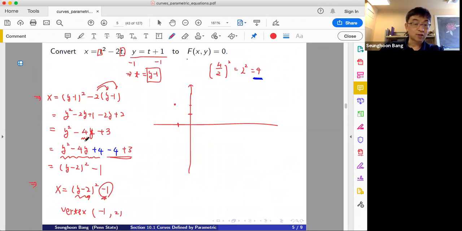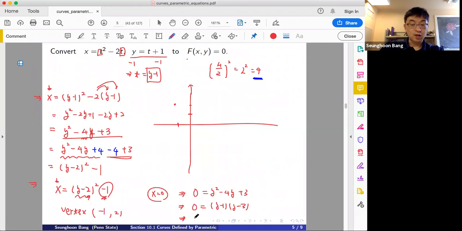Next, I want to find the y-intercept. How can you find the y-intercept? You substitute x equals 0 into here. So we have 0 equals, I don't want to use this standard form, so use the general form: y squared minus 4y plus 3. To find the y-intercept, (y minus 1) times (y minus 3) equals 0.